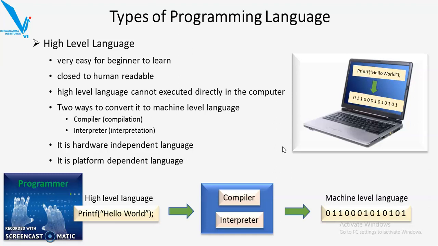But there are some languages which allow the programmer to work with the computer memory and the data, and they are called middle level languages. These middle level languages provide all the features of a high level language, and allow the programmer to work with computer memory and data directly. Examples of these languages are C and C++. These are the middle level languages.